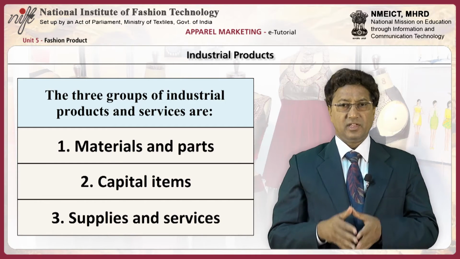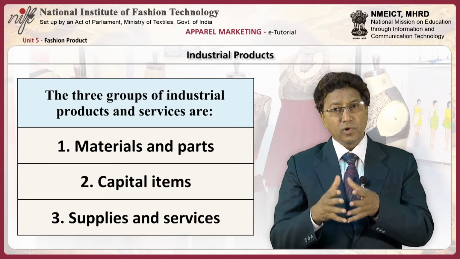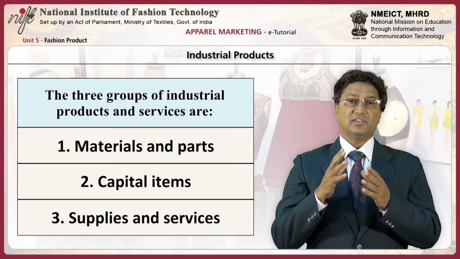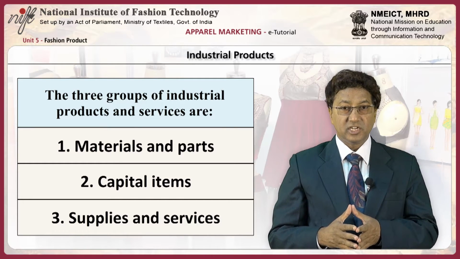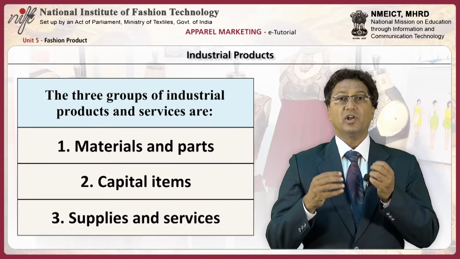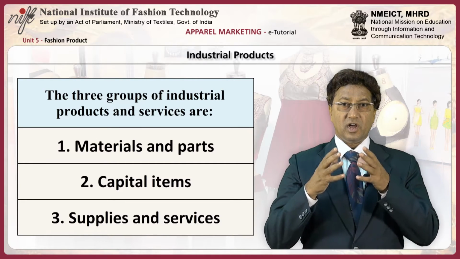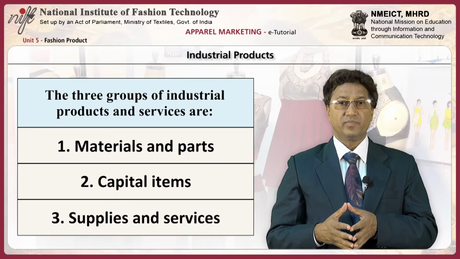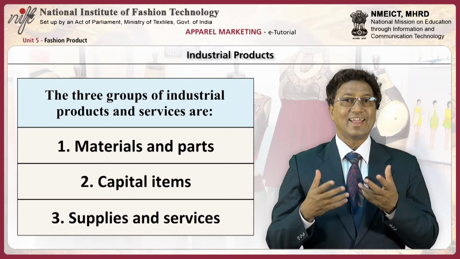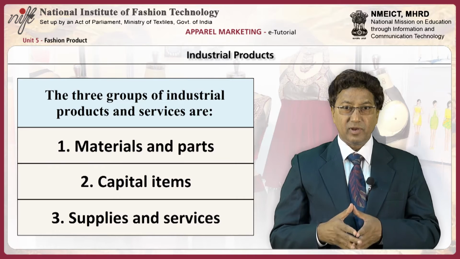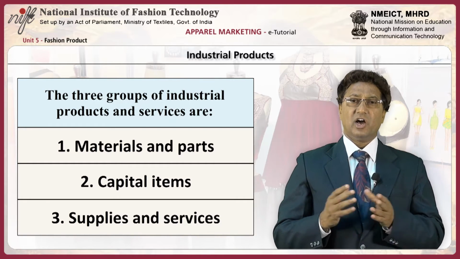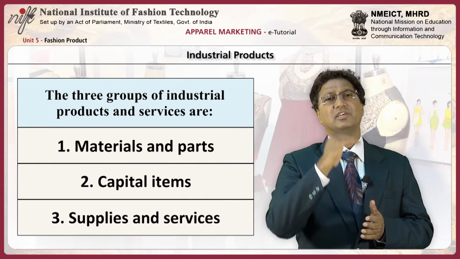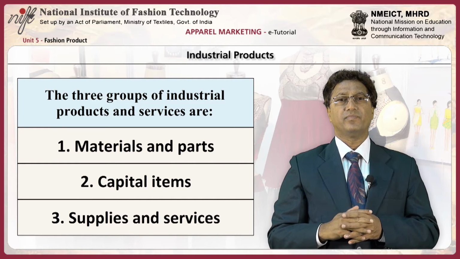Capital items consist of component materials such as iron, yarn, cement, wires, and component parts such as small motors, tires, and castings. Invariably, most manufactured materials and parts are sold directly to the industrial users.